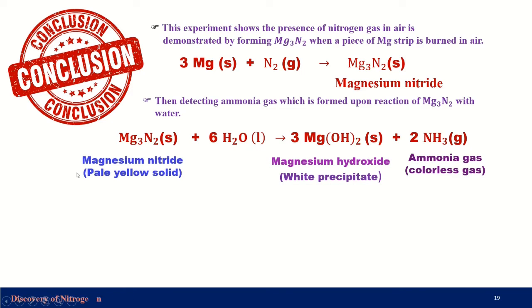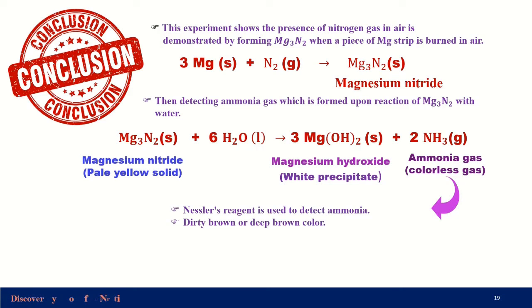Magnesium nitride is a pale yellow solid, magnesium hydroxide is a white precipitate, and the colorless gas formed here is ammonia. To detect the ammonia, we add Nessler's reagent, and the color changes to a dirty brown or deep brown.